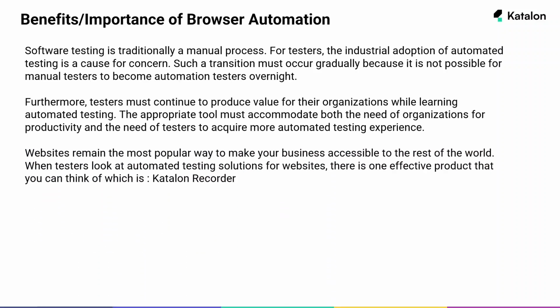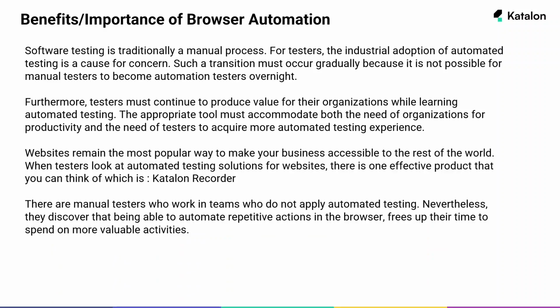Websites remain the most popular way to make your business accessible to the rest of the world. So, when testers look at automated testing solutions for websites, there is one effective product that you can think of, which is Katalon Recorder.